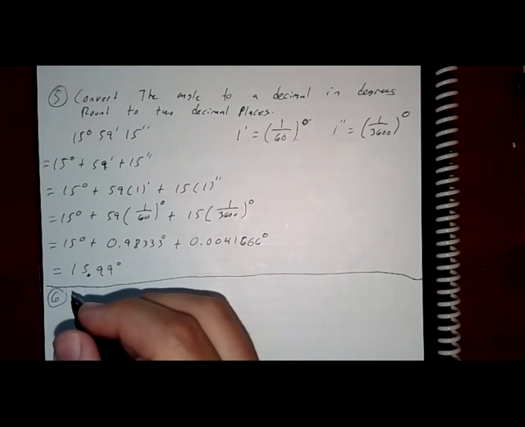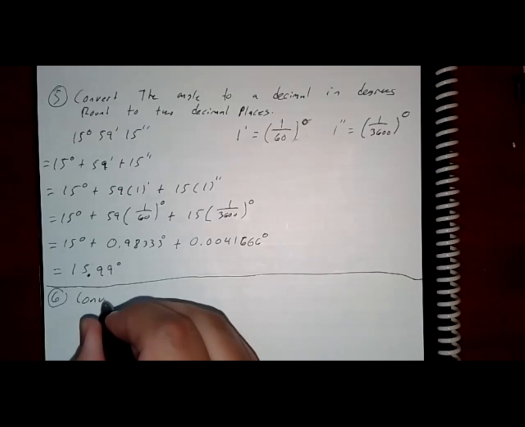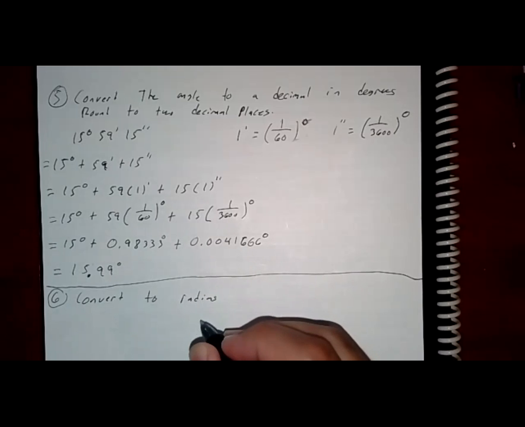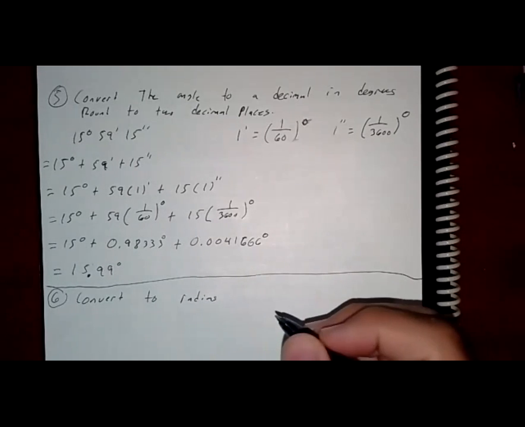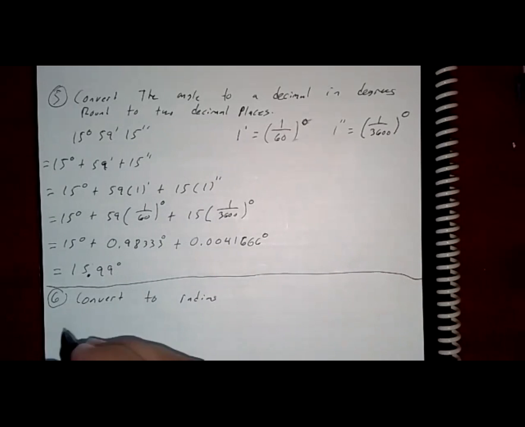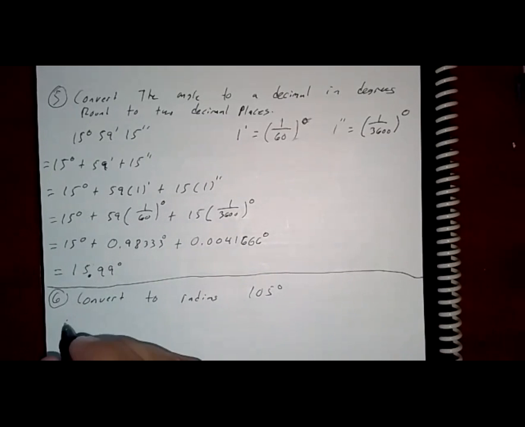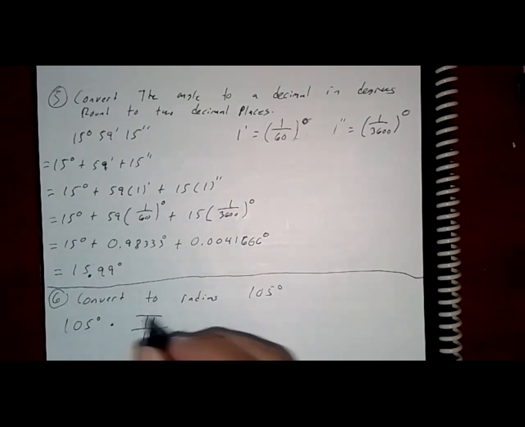All right, number 6, I'm hoping is something nobody misses. Convert to radians. And it's going to say express the answer in multiples of pi, meaning they don't want to see a decimal. They want to see something pi over whatever. So we said, when you have a question like this, convert by multiplying by the conversion factor of pi over 180 degrees.